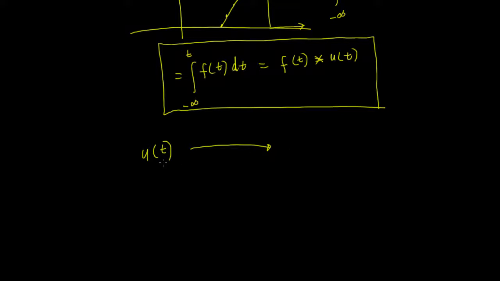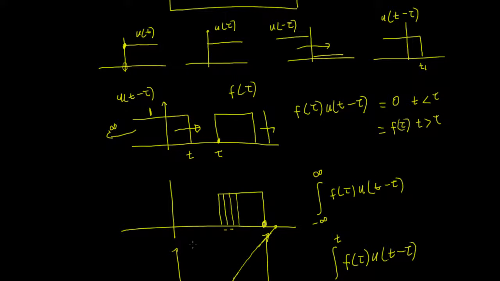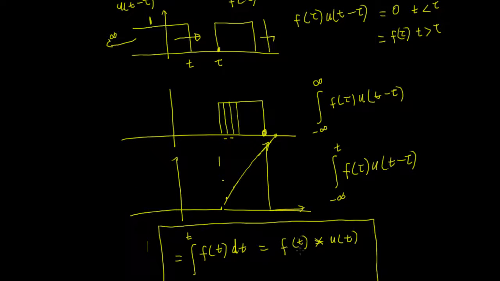Okay, so we can Fourier transform this u of t, and when we Fourier transform u of t, what we get is 1 upon j omega plus pi times delta omega. Now what we're saying is that if we take a function in the time domain and we convolve it with a unit step, well, convolving two functions in the time domain is equivalent to multiplying them in the frequency domain.